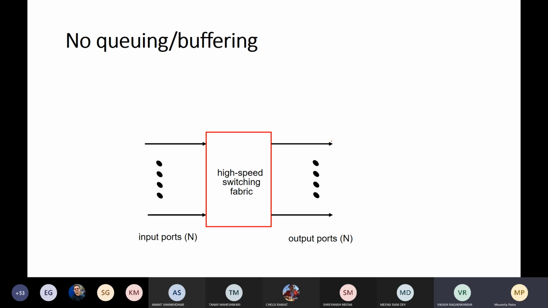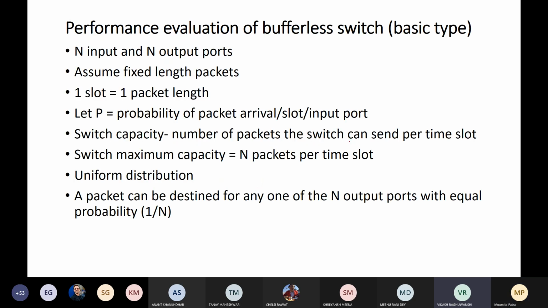So now let's see about the scenario where we do not have any buffering, that is, there is no queuing, and with that, how much link utilization you are going to get with simple input and output ports. So in order to find out the performance evaluation of a switch which has no buffers, that means a bufferless switch, how do we find out the theoretical maximum link utilization for such a switch?